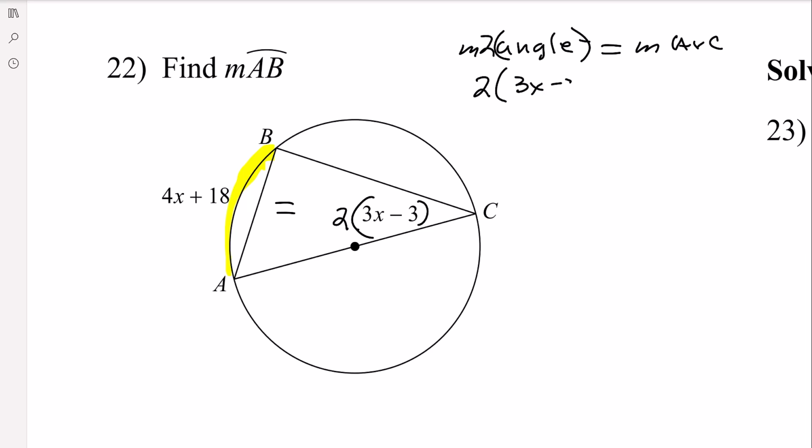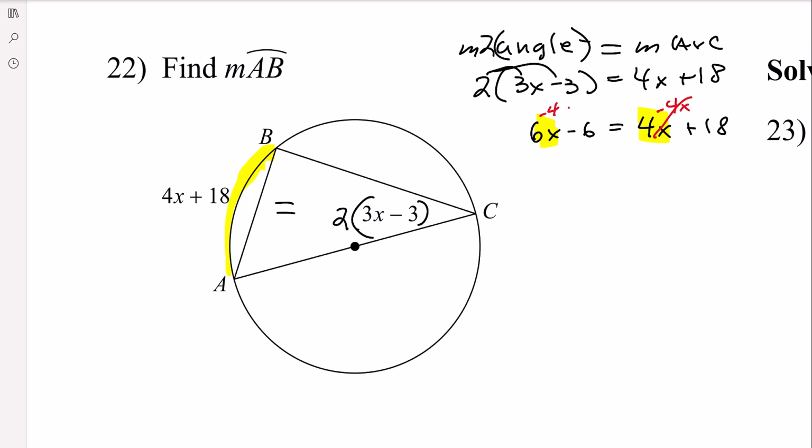Whoa. Jump the gun there a bit. So when we do the distributive, 6x subtract 6 equals 4x plus 18. I'm going to look at the x's. 4 is smaller than 6, so I'll subtract 4x from both sides.